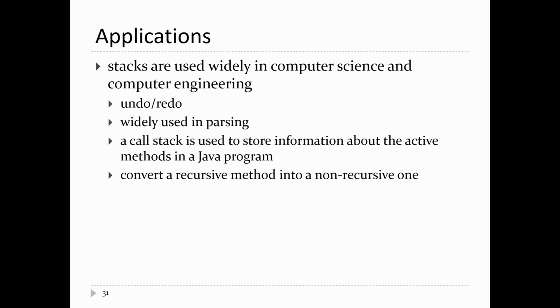So when you do some command, like type something into your word processor, some representation of that command gets pushed onto the undo stack. You do something else, then the next command gets pushed onto the undo stack. If you want to undo the previous command, you pop the undo stack, and then you undo the command that comes off. And then that command gets pushed onto the redo stack. So if you redo something, then you pop the redo stack, you redo the command, and then put it back onto the undo stack. So undo redo is typically implemented using a pair of stacks.